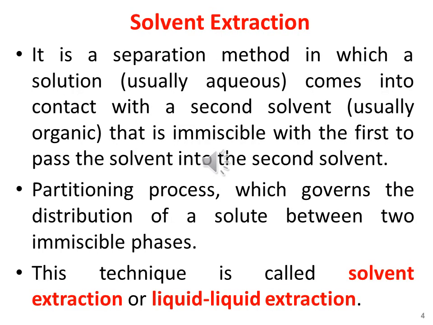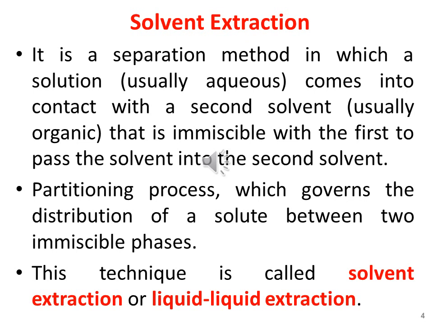The first thing that we are going to learn in the extraction or purification of alkaloid is the solvent extraction. Solvent extraction is basically a separation technique in which two solvents that are immiscible with each other, the first solvent is mostly the aqueous and the second solvent is mostly the organic, come into contact with each other.